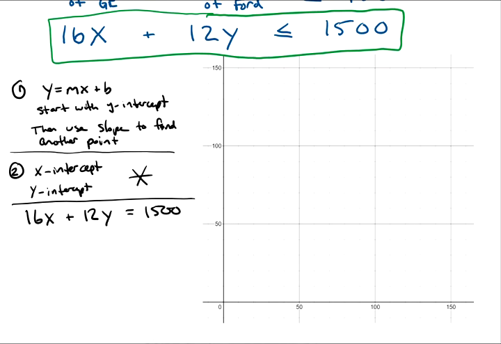Well, 16 times 0 plus 12 times y equals 1,500. So if we plug in 0 for x and solve for y, that'll give us 1 point. So 12y equals 1,500, and divide both sides by 12.